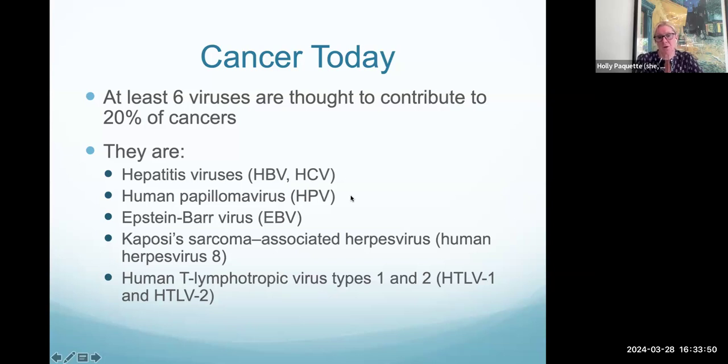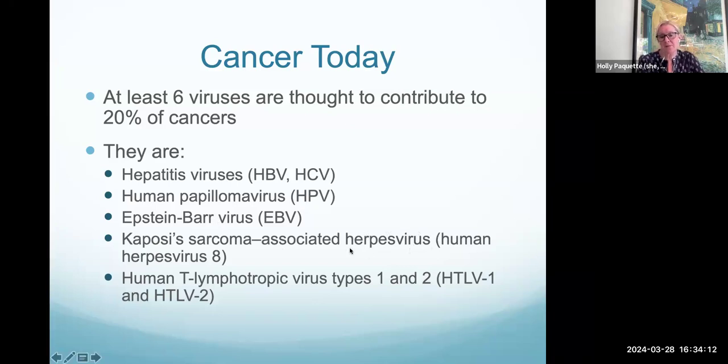Human papillomavirus, which is one of the ones that's probably most closely studied, leads to cancer of the cervix. And so that's one that we know there's a vaccine that has come out recently. There's also the Epstein-Barr virus that we'll talk about in a couple of modules. This one has been shown to play a role in some of the cancers. And then some of the herpes viruses.